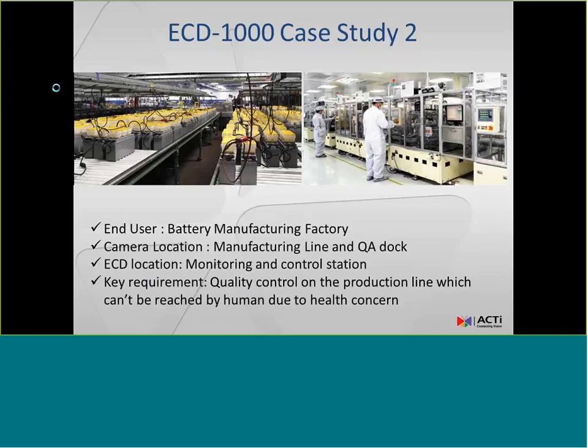There are some areas that are unreachable, and you need eyes to monitor the production for the customer. In this case study, it's a battery manufacturer factory, and the battery is related to a lot of chemical streams that make the whole working environment very risky.